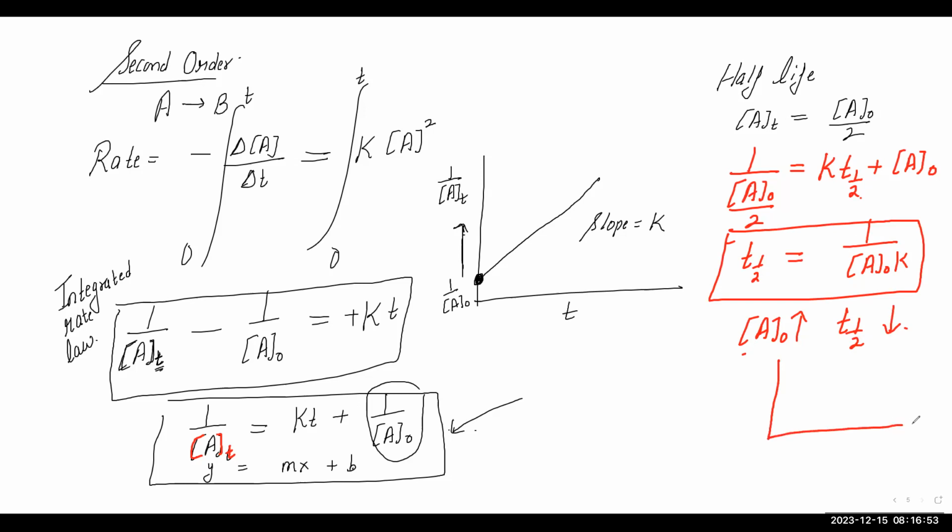How will the graph go if I take t half here and A naught here? It will go down, right? So that's the story of the second order kinetics. Can you see how they are resembling? This equation will be given to you, children, which you can rearrange like this.